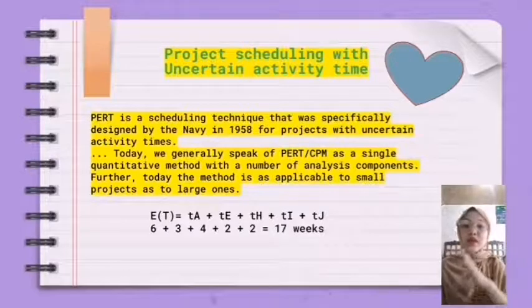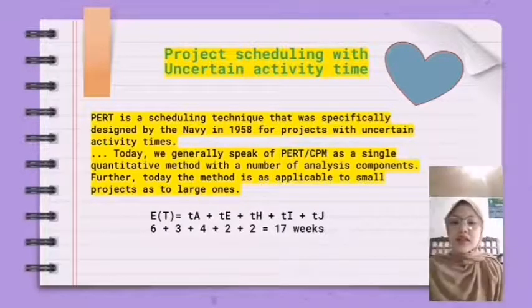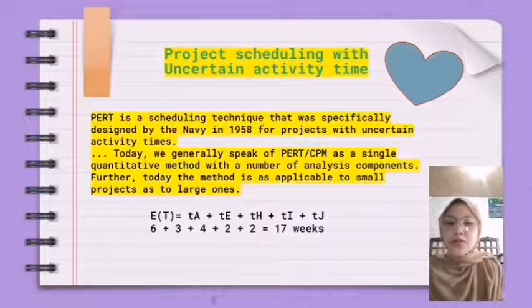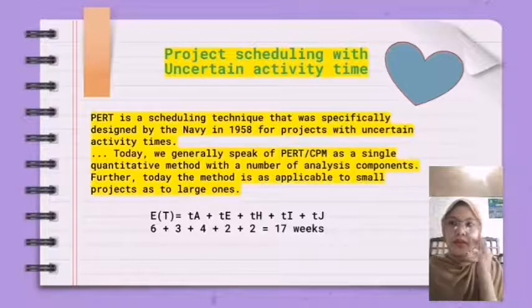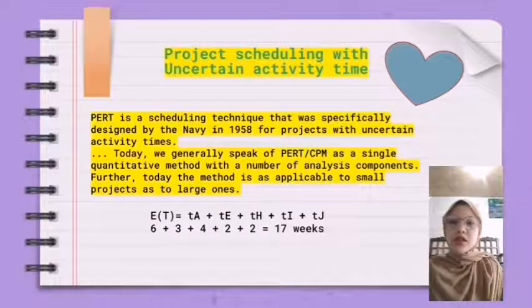Next, the variance of the project time is the sum of the variances of the critical path activities. So the variance for the Portavac project completion time is: sigma squared equals sigma squared of A plus sigma squared of the next critical activity, and so on.